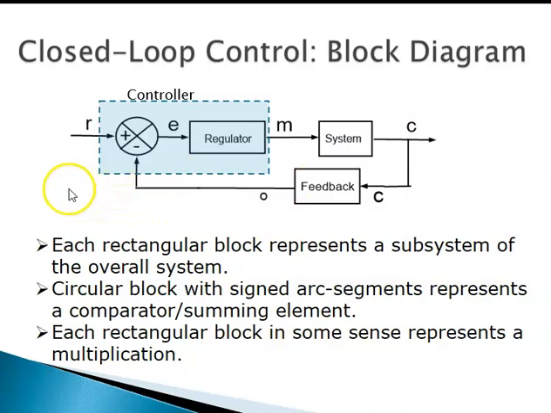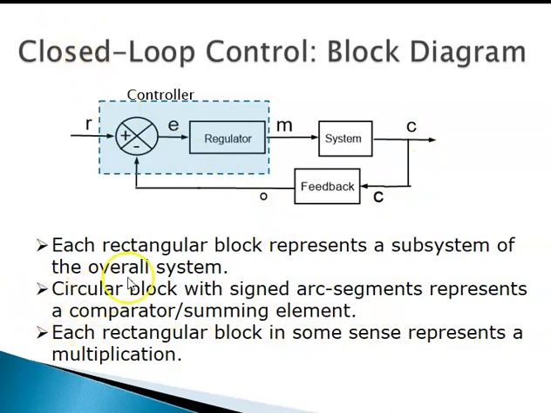Because we are saying something about mathematical operations, we are using symbols. R indicates reference input, M indicates manipulated variable, C indicates controlled variable, and O indicates output of the feedback block.